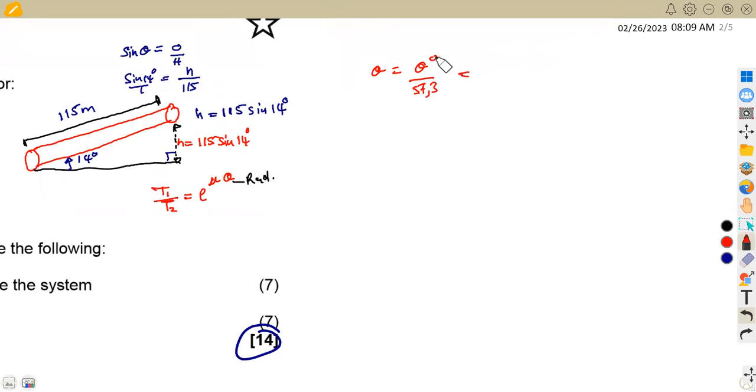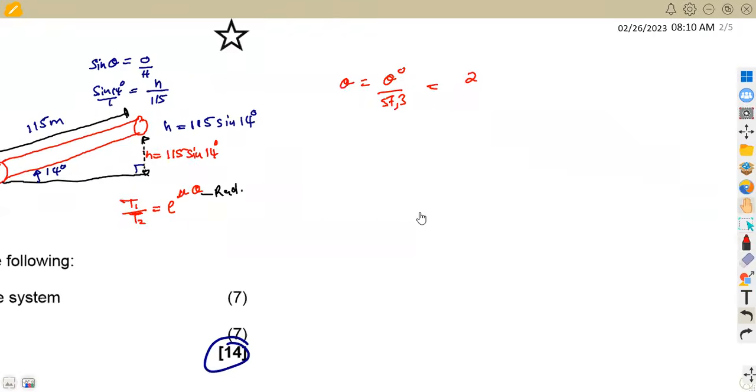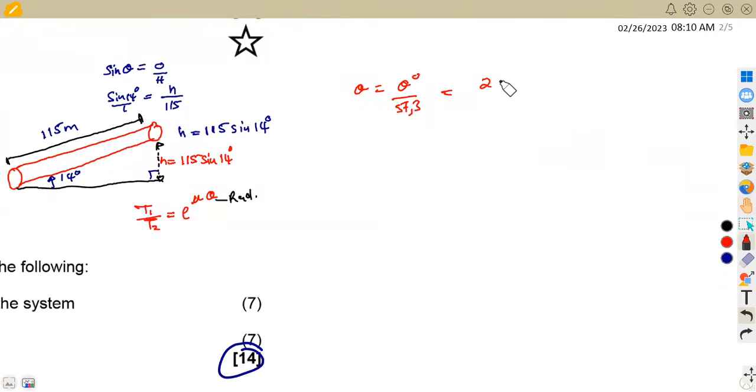So our theta in degrees is 210 over 57,3. You're supposed to use your calculator, guys, so please make sure that you use your calculator properly. You're going to obtain something like 3,665 in radians. So we've got our theta in radians.